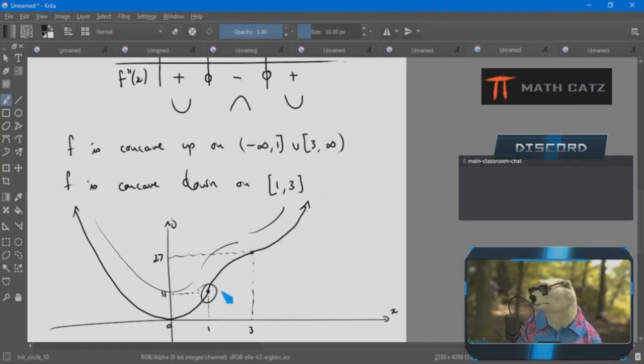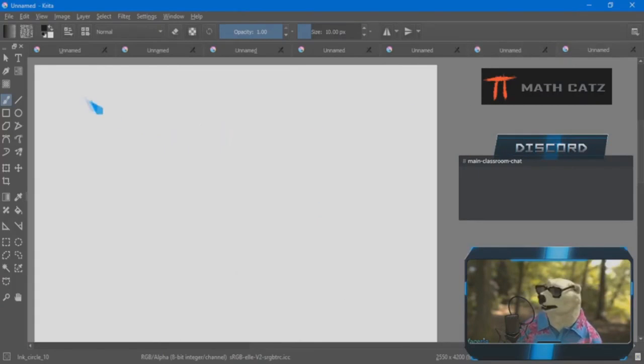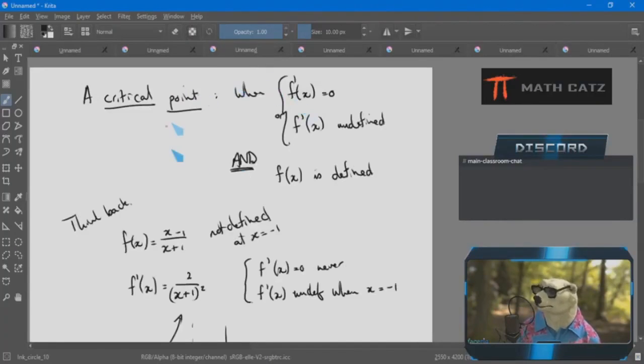So I have these important points that came from the check and the fact that there are points. We're going to call them inflection points. So it's very similar to, was it this page? Yes, to critical points.